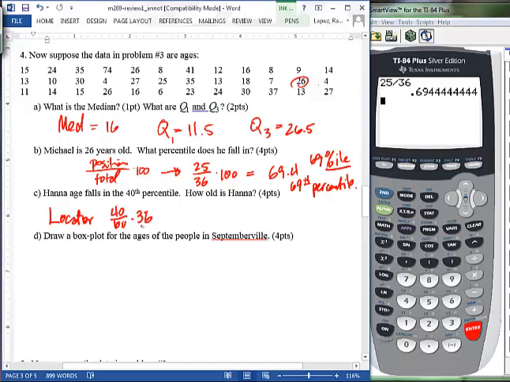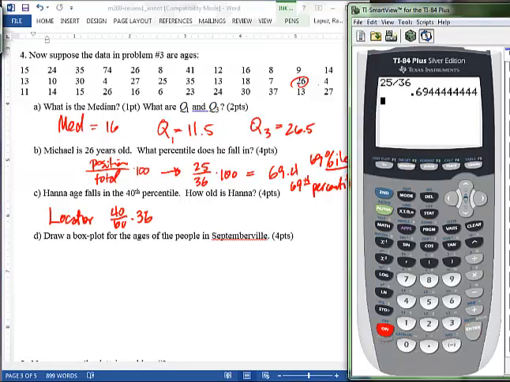So it's k over 100 times n. Let's punch that in our calculator to figure out what our locator is. And our locator, remember, is just a position. So we have 40 divided by 100. That's 0.4. And then times 36.